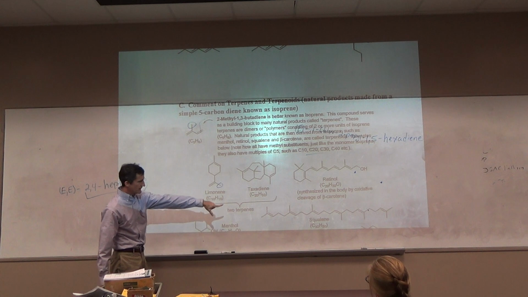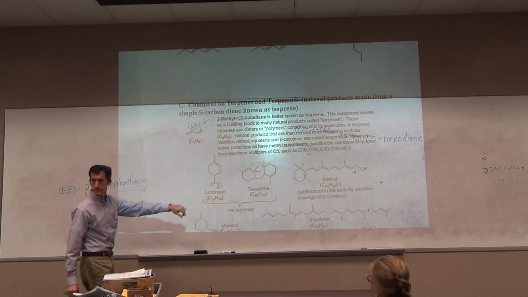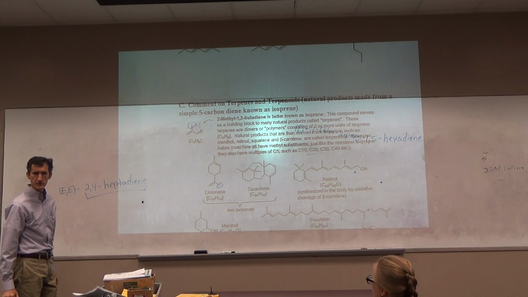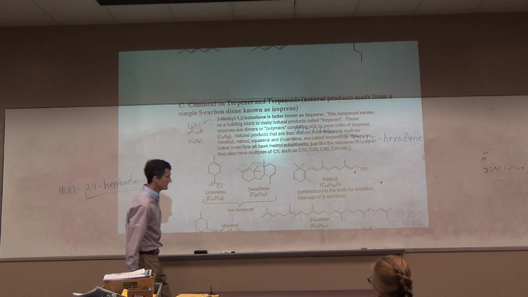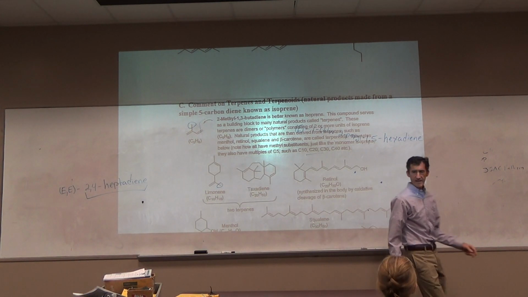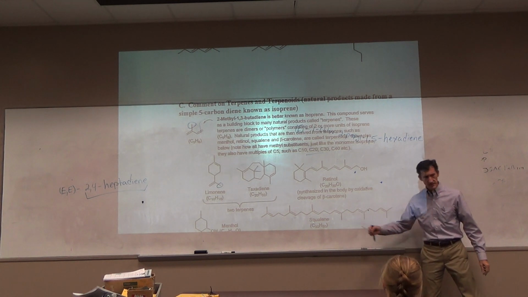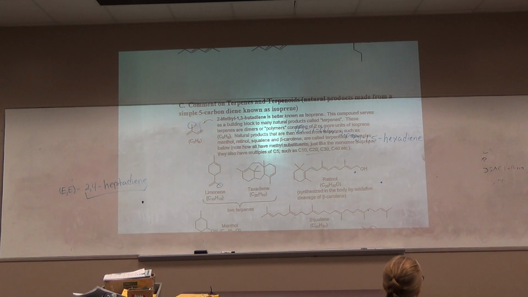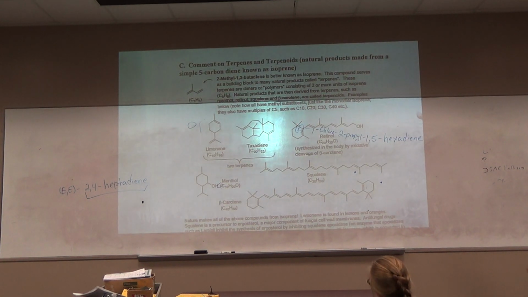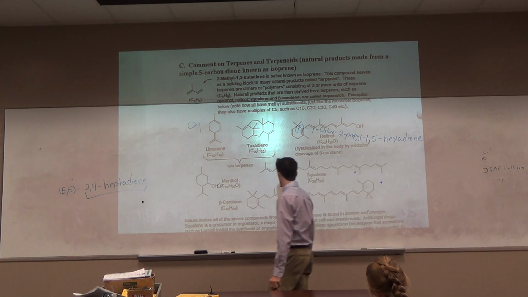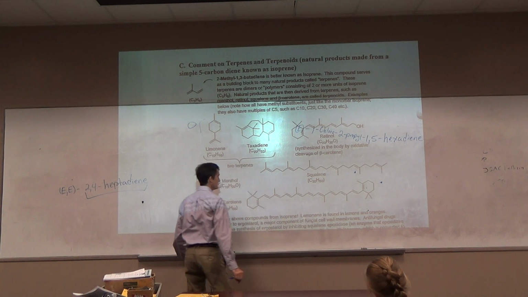Heard of some of these? Squalene? Fungal cell wall? Ever heard of squalene? A lot of antifungal medications inhibit the enzyme called squalene epoxidase, keeping the fungus from epoxidizing squalene.